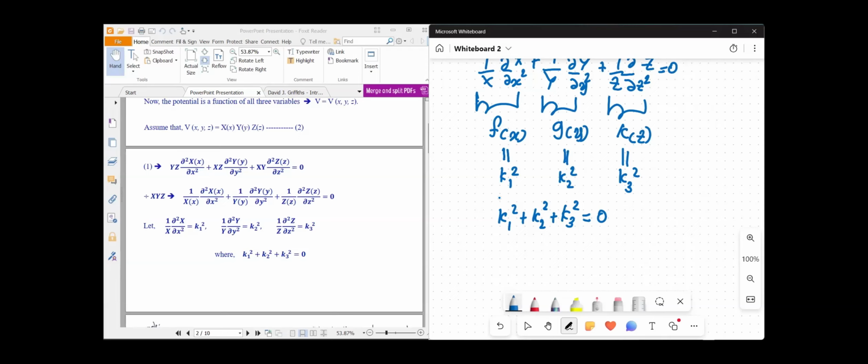Okay, so at this moment we have reduced the partial derivatives into ordinary differential equations.